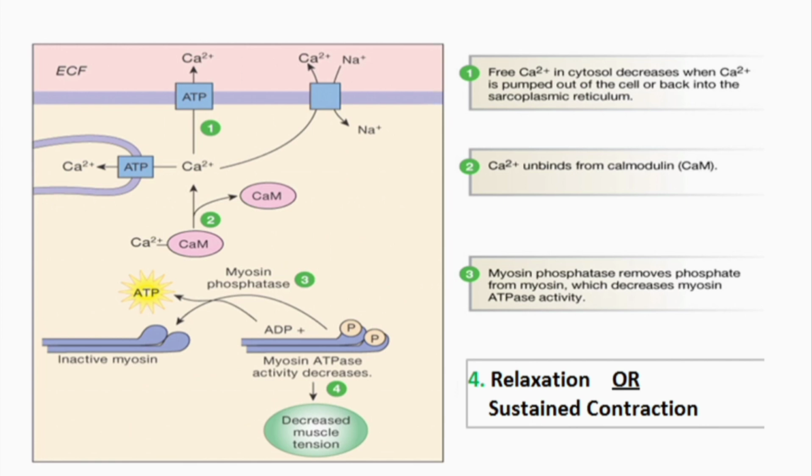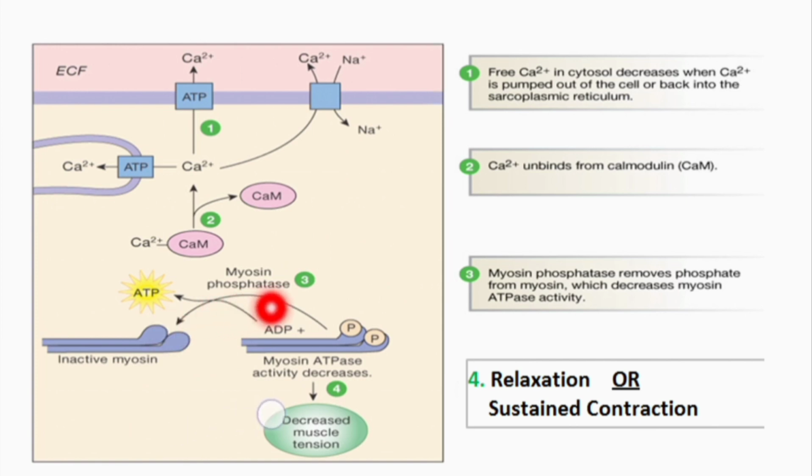Myosin light chain kinase, which was calmodulin dependent, has decreased activity, and there is increased activity of another enzyme called MLCP, myosin light chain phosphatase. As you can see here, when the activity of myosin light chain phosphatase is increased, it causes dephosphorylation of the myosin head.